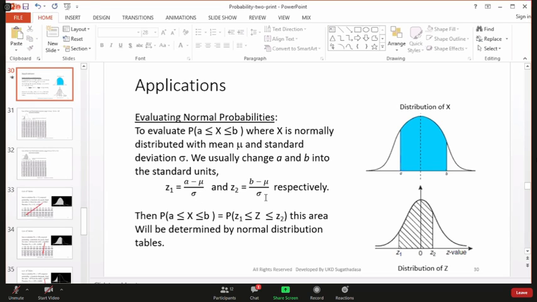Z2 is given by B minus mu divided by sigma, where mu is the mean and sigma is the standard deviation. Now you see the probability A less than X less than B becomes the probability Z1 less than Z less than Z2. Now you can use the table. I will explain part by part how to use the tables.